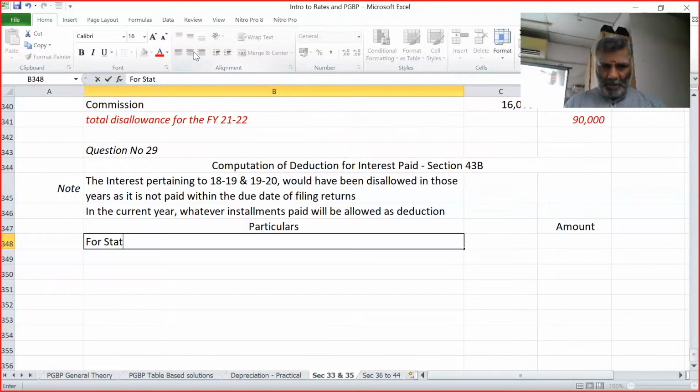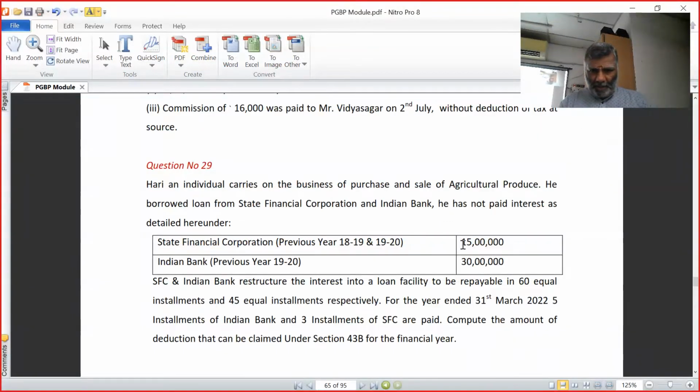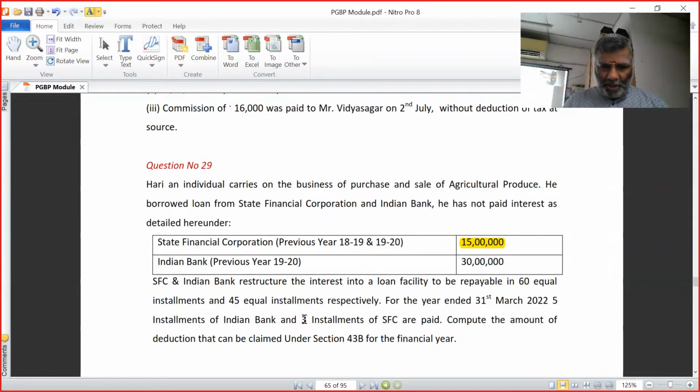For State Financial Corporation, 15 lakhs is due. They have converted it into 60 equal installments. Sorry, 3 installments of SFC are paid.